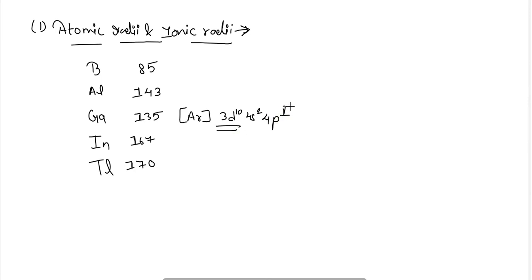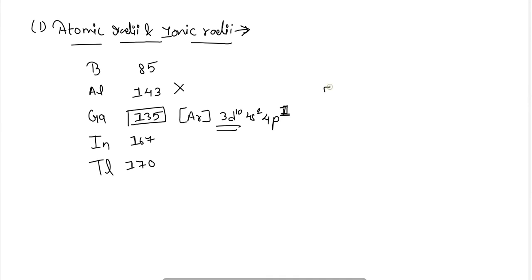Due to the presence of this d orbital, which is not present in aluminium, the inner pair effect, or shrinkage of the atom, will occur, and due to this the size of gallium will decrease. Here we observe this for the atomic radii, and also for the ionic radii, where gallium shows a gradual increase.